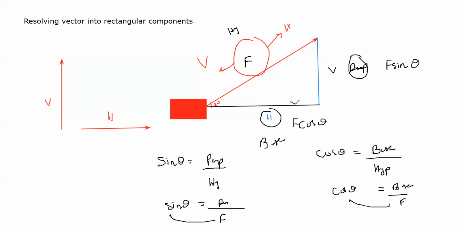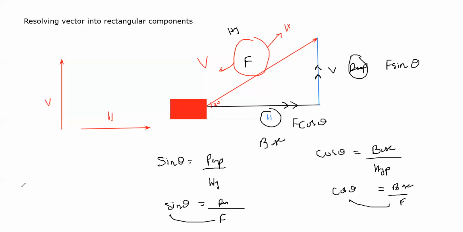So whenever we are finding the horizontal component and we know the angle with the x-axis, that's equal to f cos theta. And if we want to find the vertical component, we will use f sine theta.